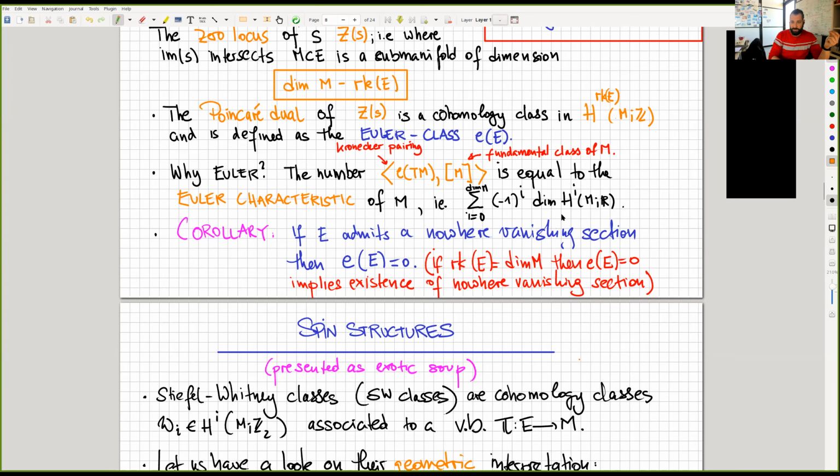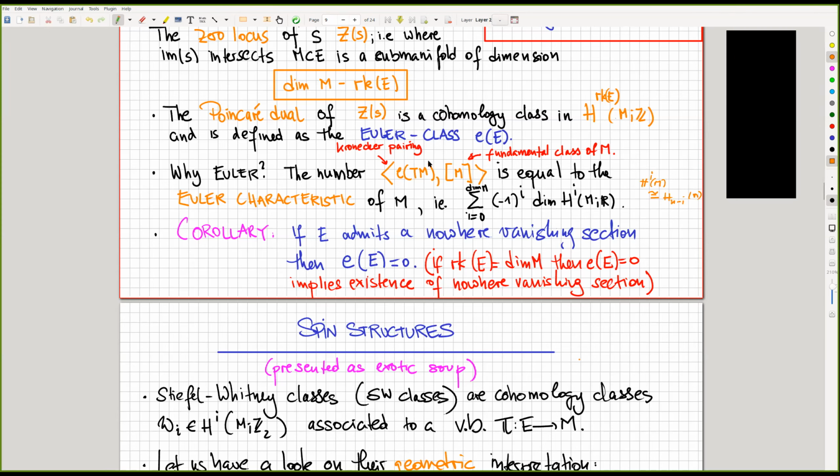So Poincare duality here establishes an isomorphism between H^i of M with H^(n-i) of M, where n is the dimension of M. Using that, you see this alternating sum is 0.